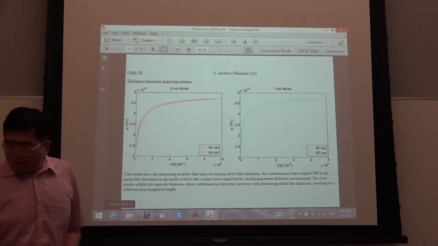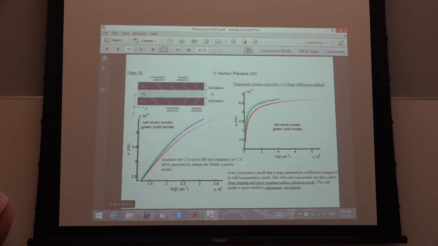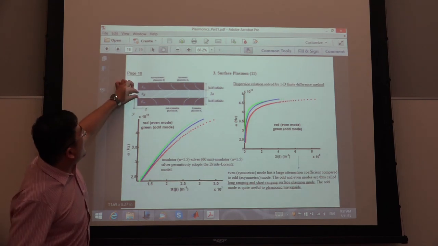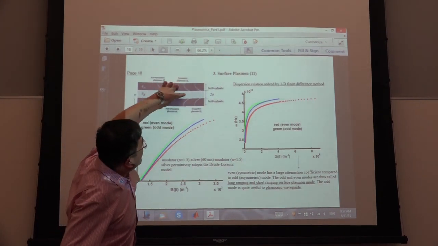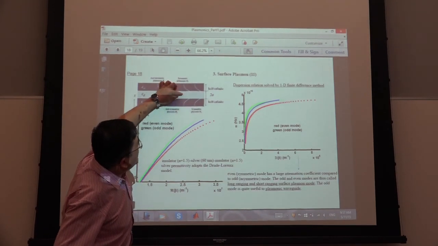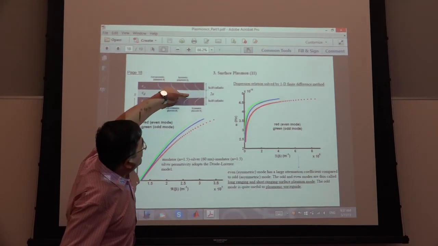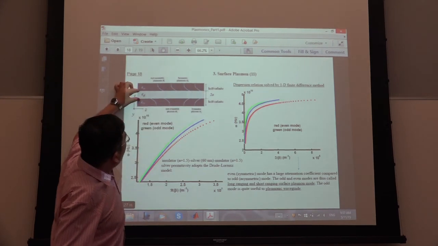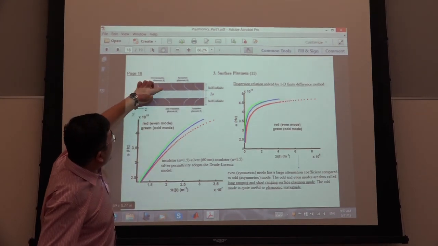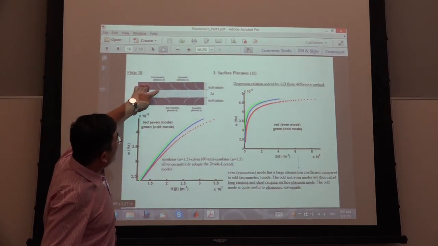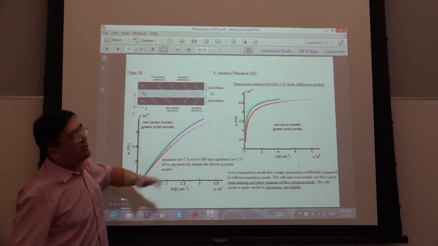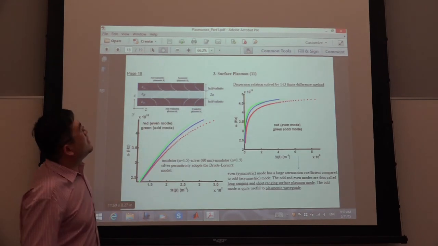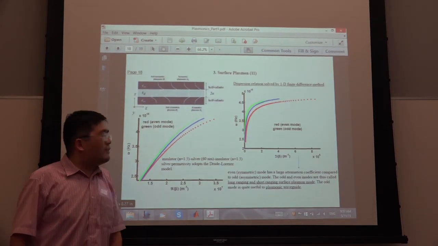That means when you shrink the thickness of the metal layer, the symmetric mode will be strongly confined in this layer, so it cannot propagate so far. But the asymmetric mode does not confine in the metal layer; it confines in the dielectric layer. So this is called a long range surface plasmon, which is quite a different nature.